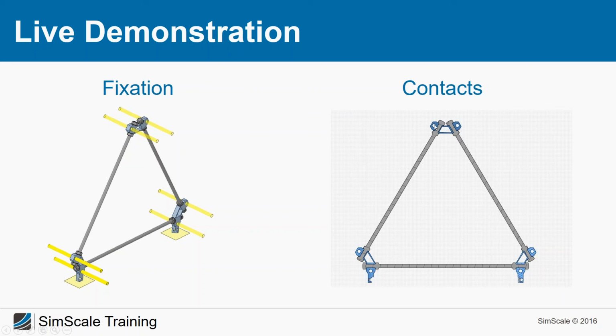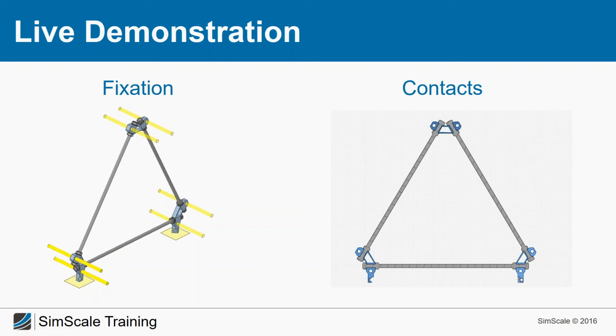Number 1, 2, 3, 4, 5, and 6. And therefore you not only have to define what this part is made of, which material properties you want to apply, but you also have to tell the simulation tool how these parts are connected in the end. And this is what we will do right now.